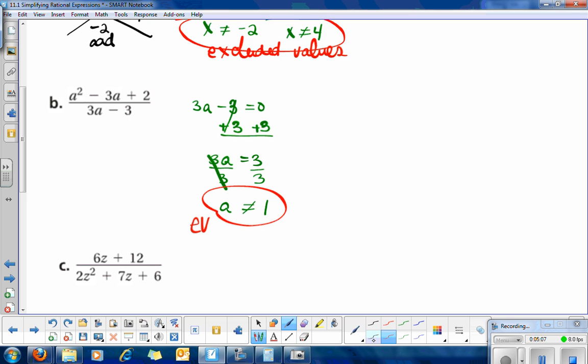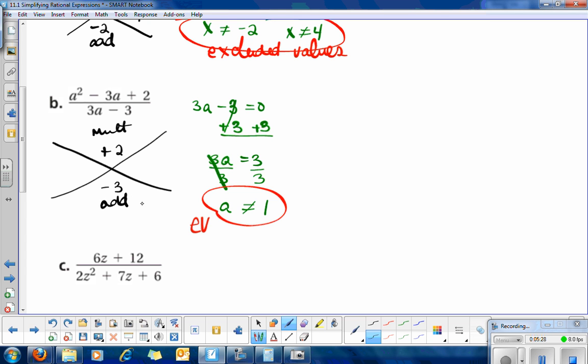So now we can go ahead and factor our numerator. Again, using our x method, when I multiply, I want to get a positive 2, and when I add, I want to get a negative 3.